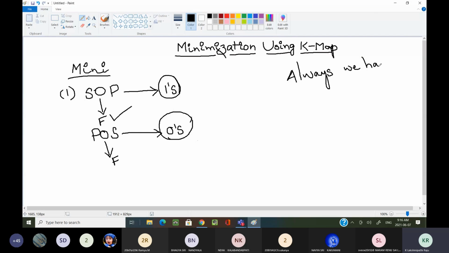We have to reduce the maximum possible variables.